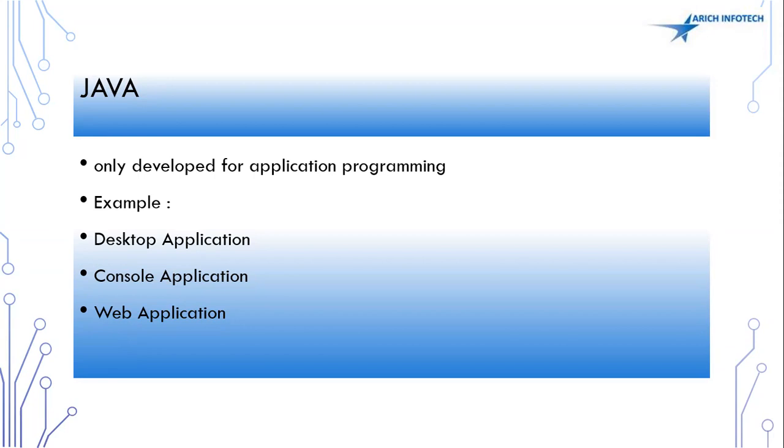We can develop only application software. We can create any type of application software: we can develop desktop applications, console applications, and web applications like web browsers or websites. We can develop all of these on the basis of Java.